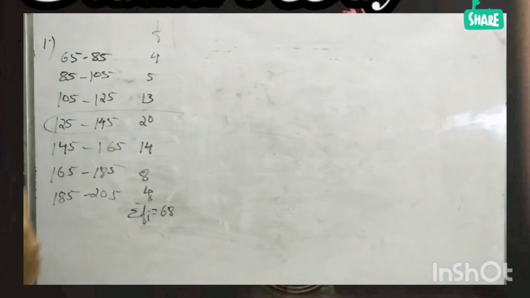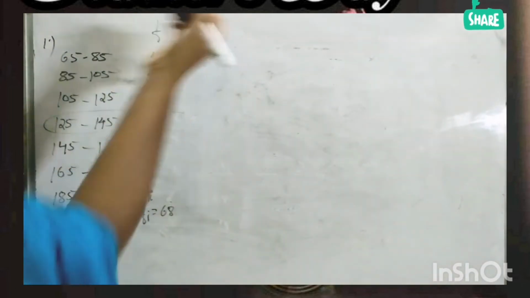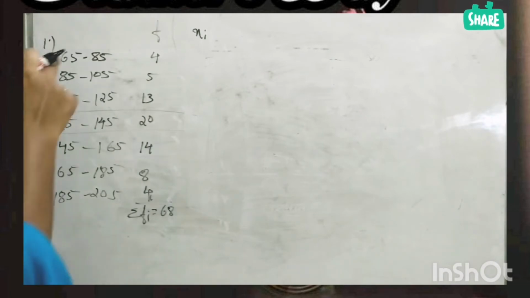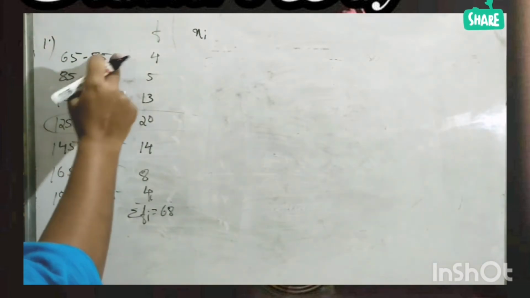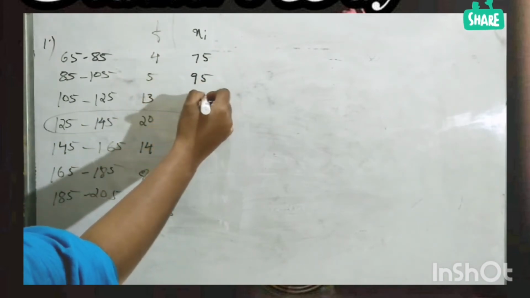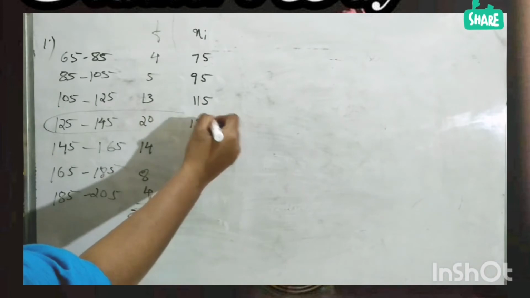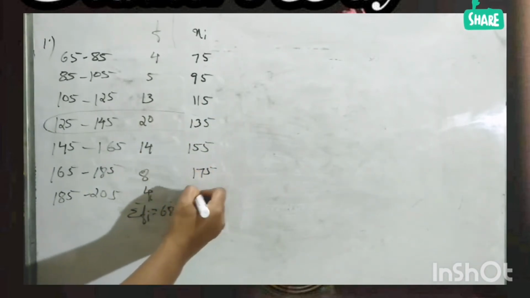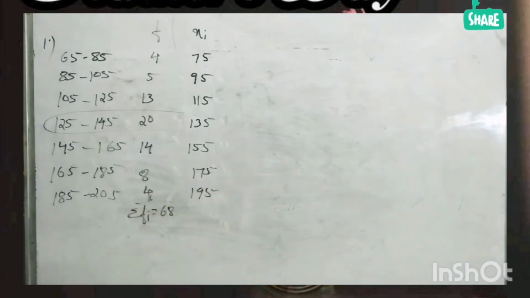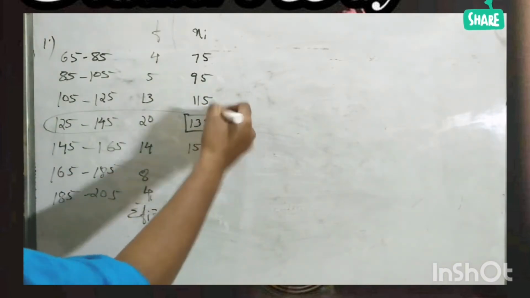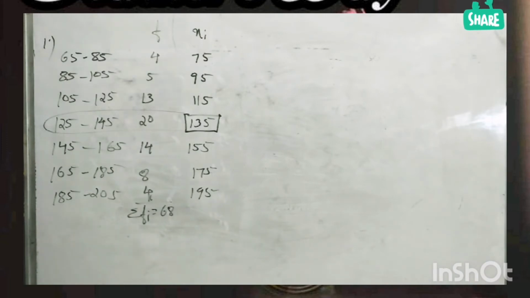So the next one, we need to find xi, that is the class mark, upper limit plus lower limit by 2. 65 plus 85 by 2, that is 75, 95, 115, 135, 155, 175, 195. Now we need to choose one value for A. The middle value, that is 135. So the value of A is 135.